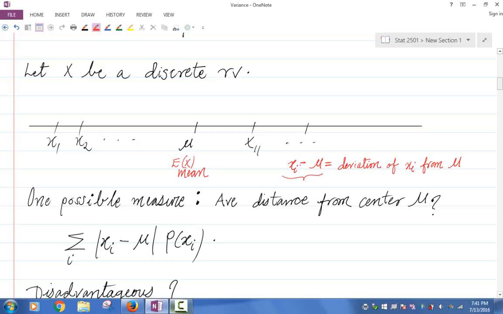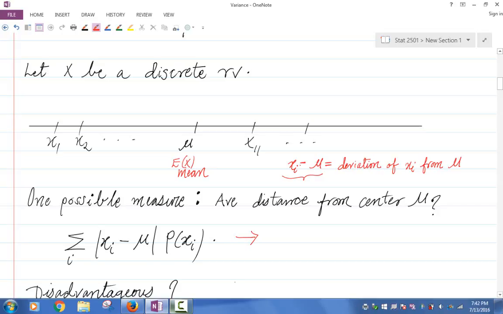That quantity would be given by the summation over i of the absolute value of xi minus mu times p of xi. So what this is giving us, remember, expectation means average, is the average of the absolute values of the deviations of the values of X from the mean.